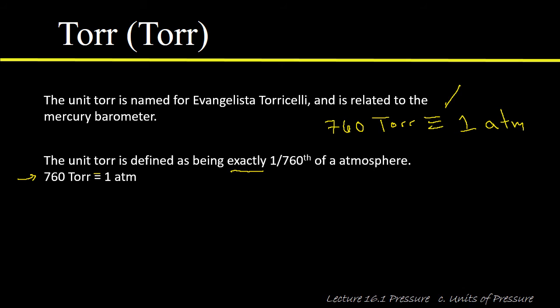And the significance of that triple equal sign means that this is an exact definition. And so anytime we use that relationship mathematically, because the definition is exact, it doesn't introduce any error into our calculation. The relationship can be considered to be infinitely precise.